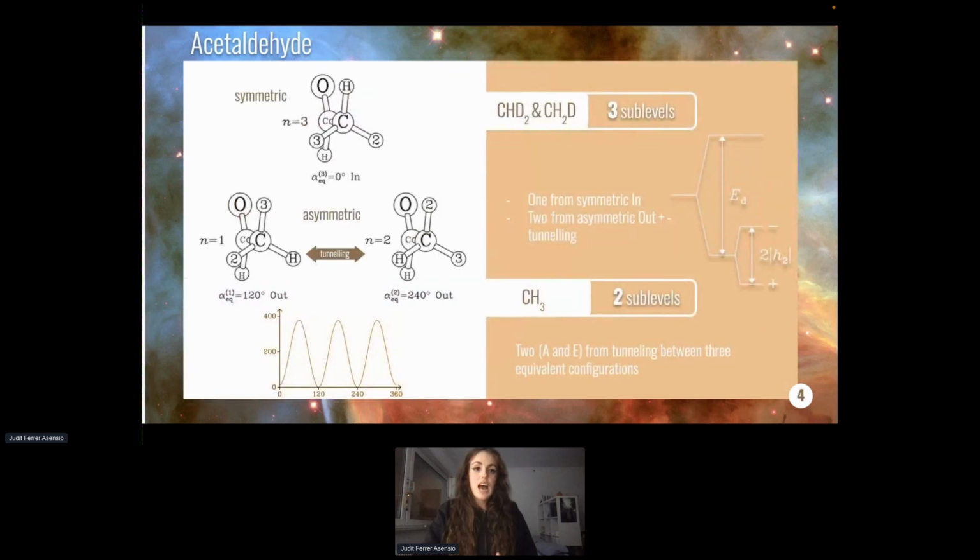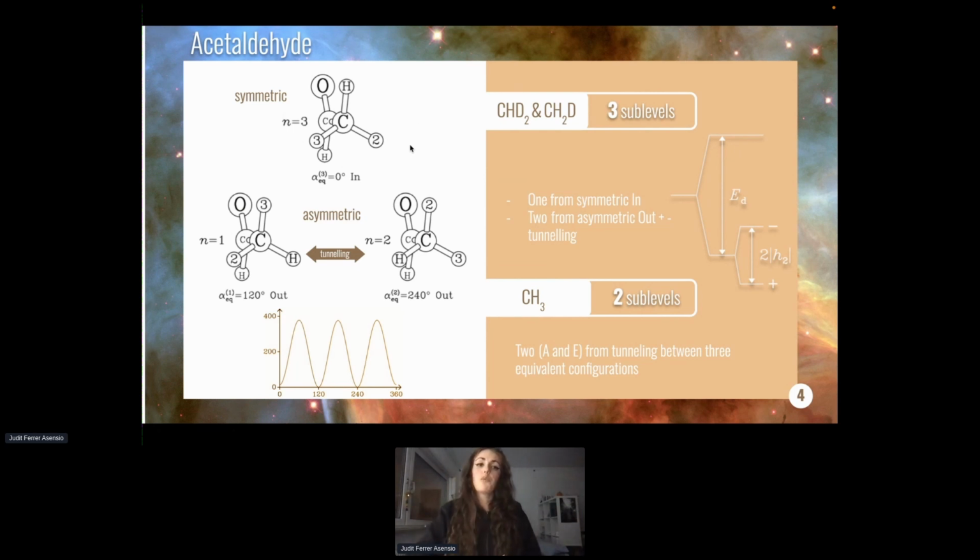So acetaldehyde is a nearly prolate molecule which shows an internal rotation of the methyl group. So you can see here, we have the carbon-carbon axis, and then this is the methyl group that can rotate. The numbers 2 and 3 represent the deuterium atoms.